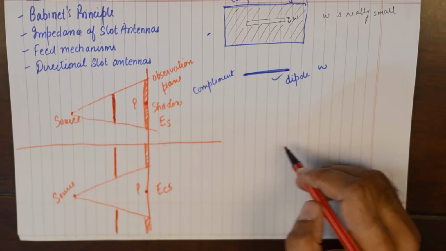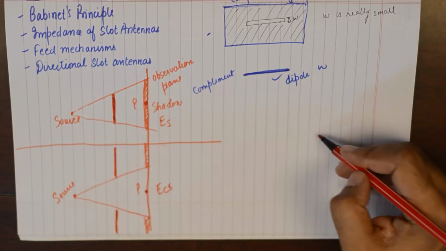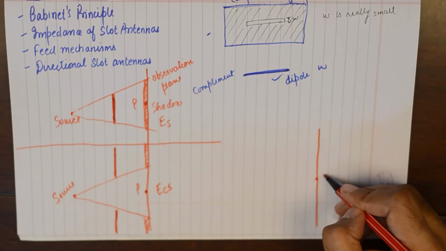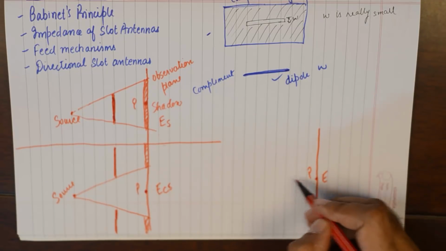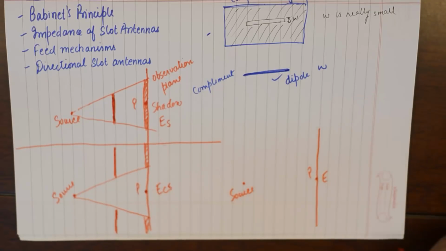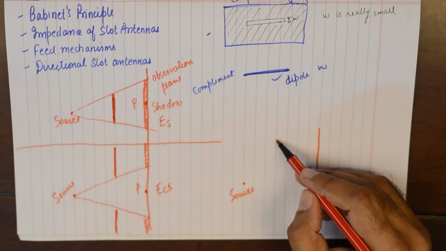Now, what Babinet said is that this is equivalent to the observation plane being the same and the energy received by this point from the same source with nothing here.